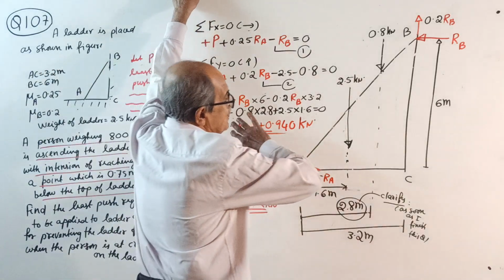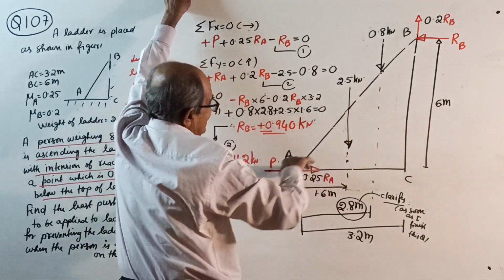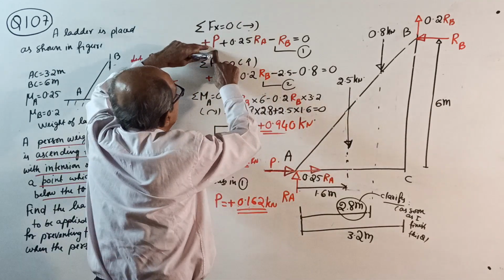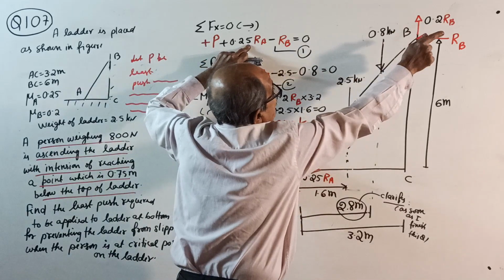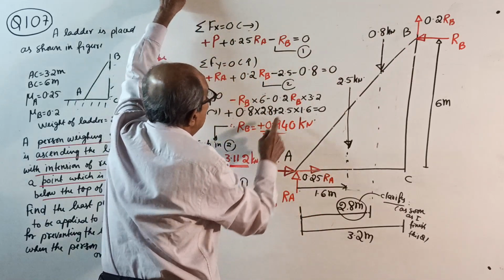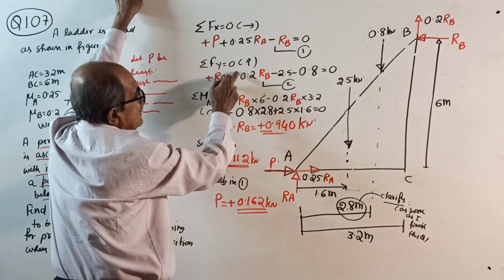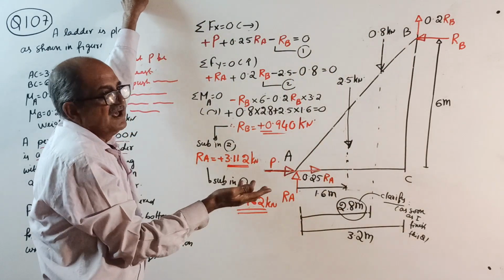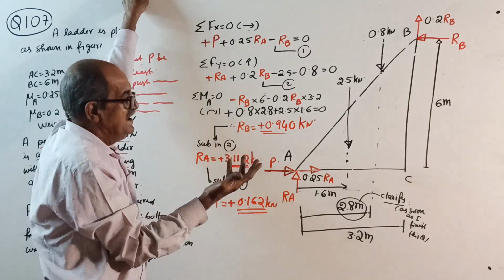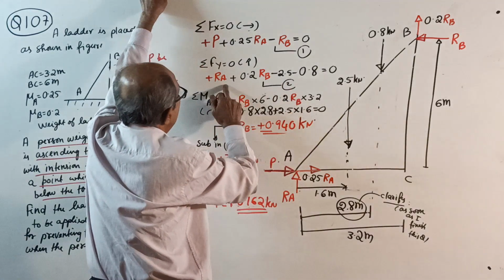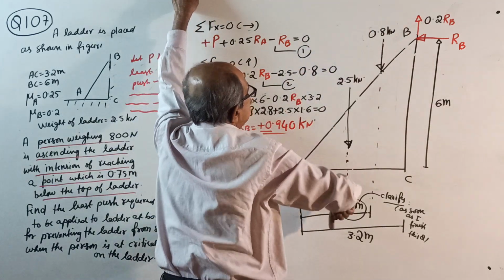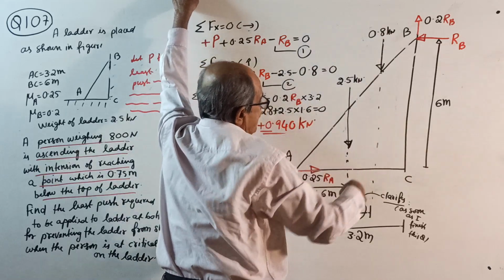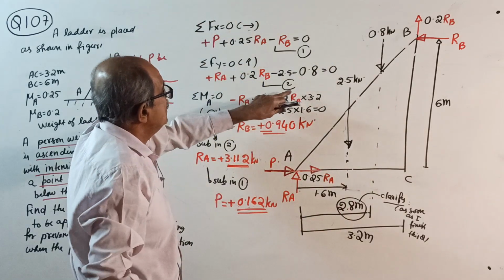Sigma Fx = 0: plus P plus 0.25 Ra minus Rb equal to 0, equation number 1. Sigma Fy = 0, some will tell in the class, sir, everything understood, sir, no need of explaining. Okay, plus Ra plus 0.2 Rb minus 2.5 minus 0.8 equal to 0, equation number 2.